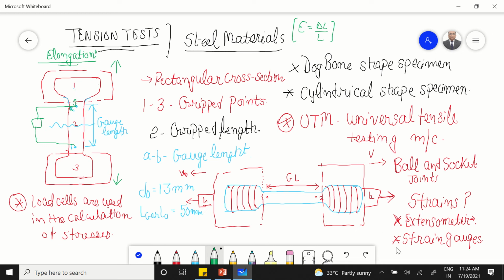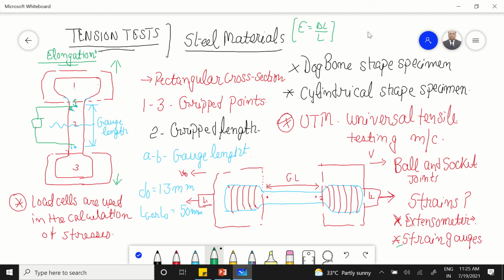Now what about strain gauges? Strain gauges are small electrical instruments used to measure strain on the basis of the change in electrical resistance of a piece of very thin wire or metallic foil which is subjected to strain during the movement of the specimen in the universal tensile testing machine.